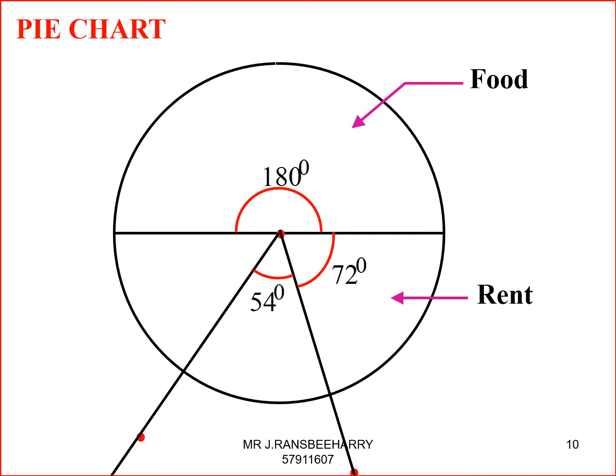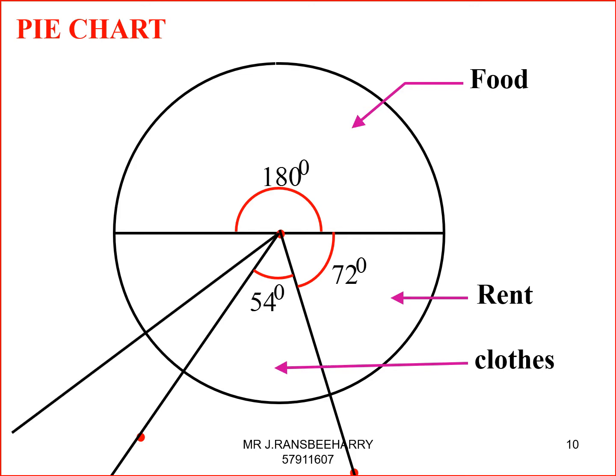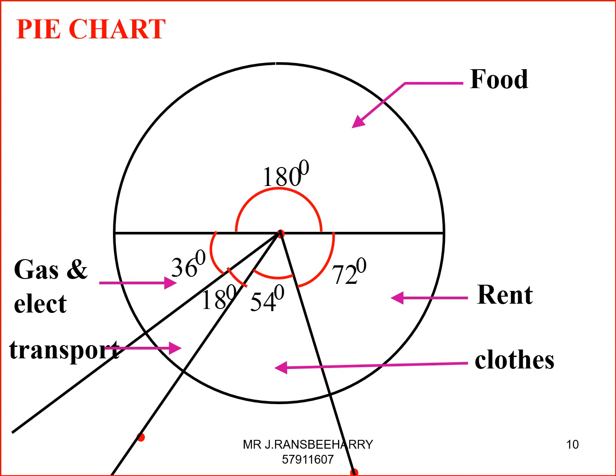You have 54 degrees. This is for clothes. Now for the next angle, you still use a protractor to measure 18 degrees. This sector is for transport. And then 36 degrees, this is for gas and electricity.